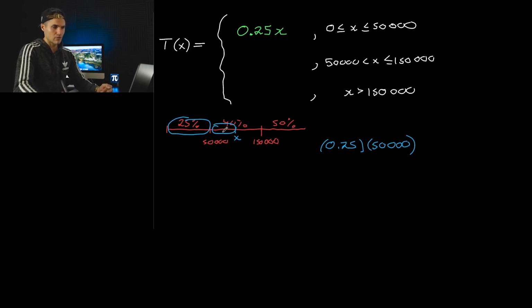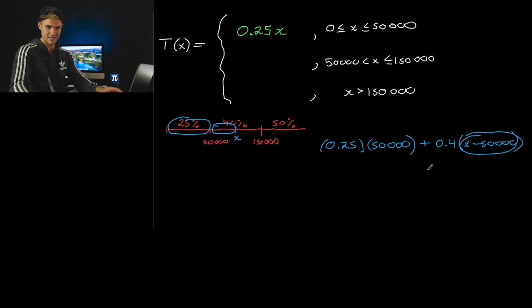Well, notice that the excess from 50 to x, the difference there, is going to get taxed at 40%. So what I could say is the income over 50,000 is going to get taxed at 40%, like that, right? This here is going to represent the excess amount.